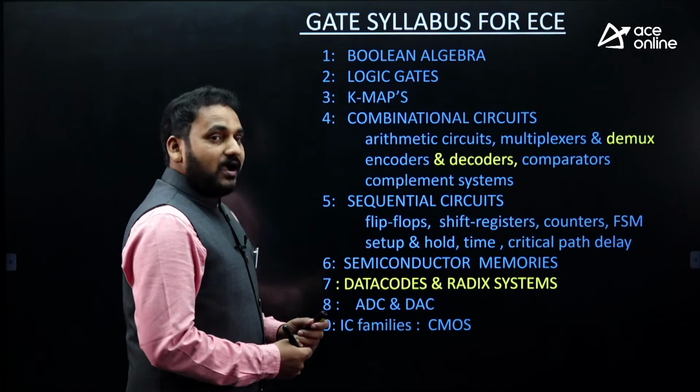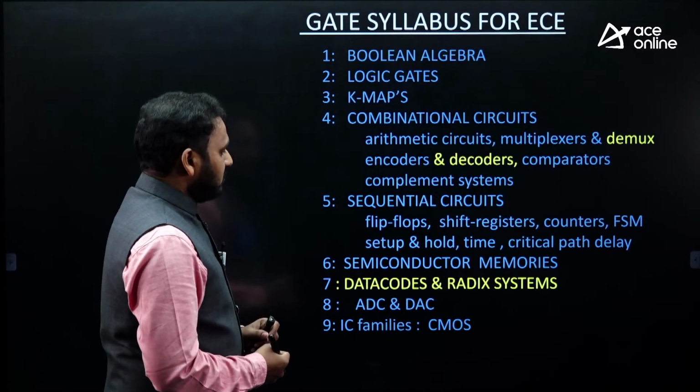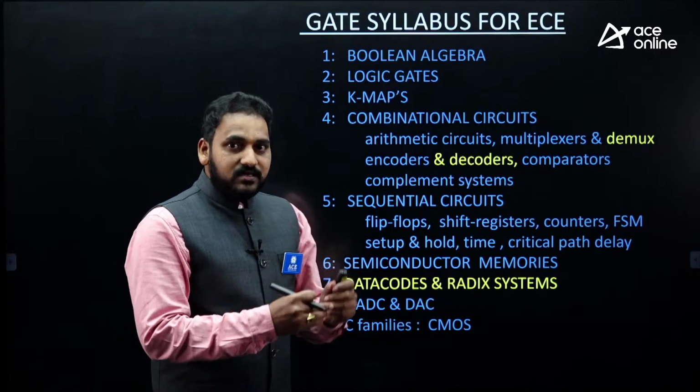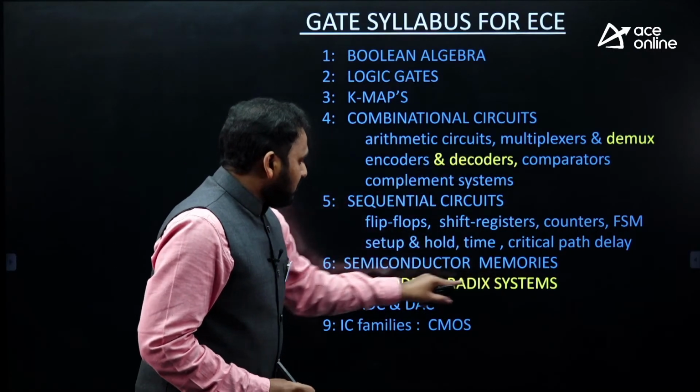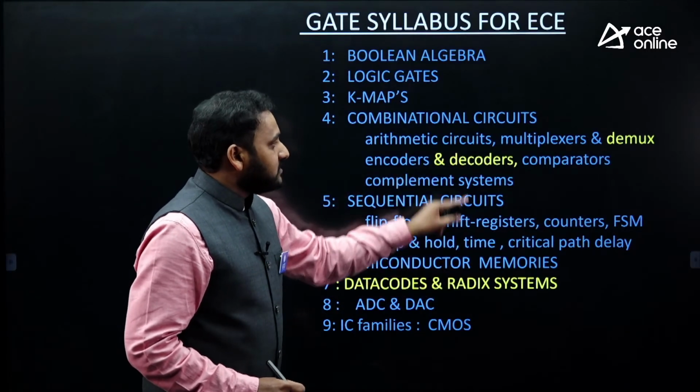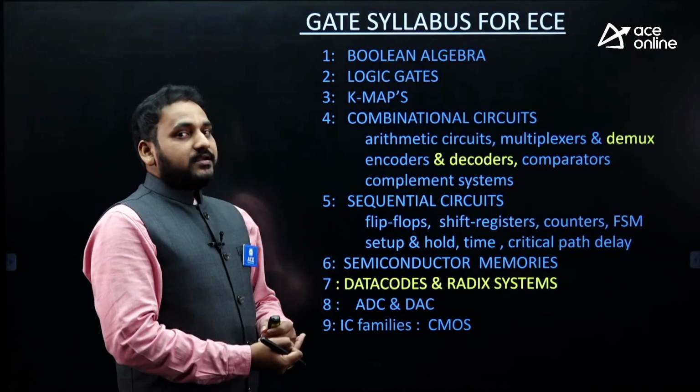Whatever I highlighted with the blue color, these are the topics given officially in the syllabus. This yellow color data is not included in the syllabus, but you can find questions from it.